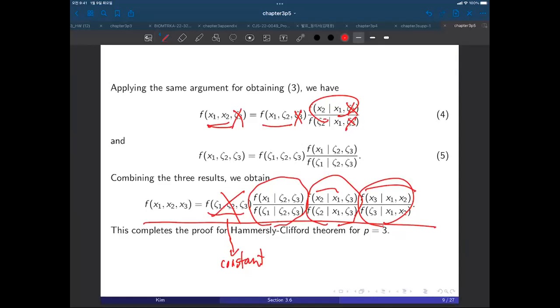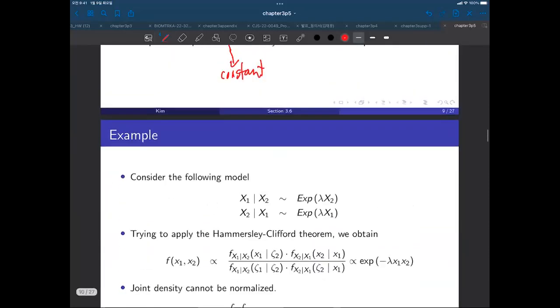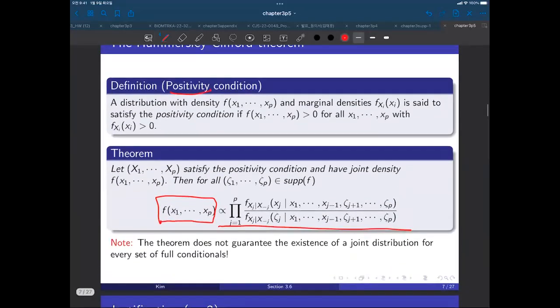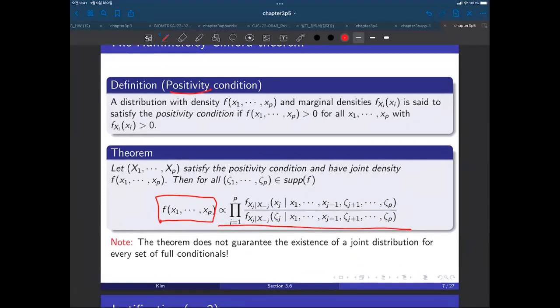The numerator only is the marginal, right? If you look at the theorem here, for example j equal to 1, that means the denominator is constant. So the theorem itself is correct.